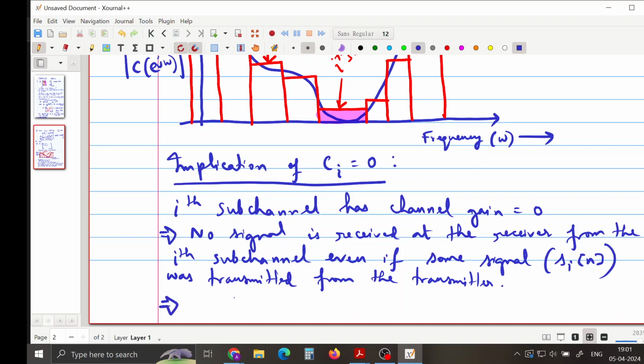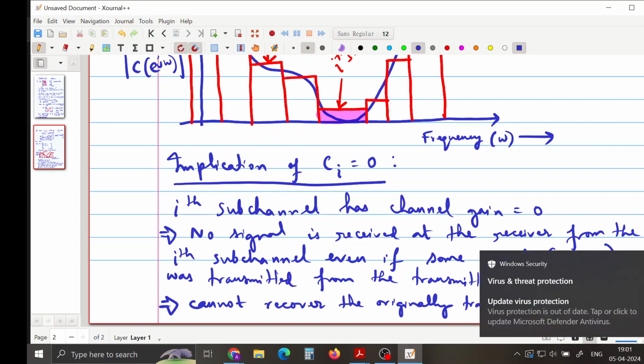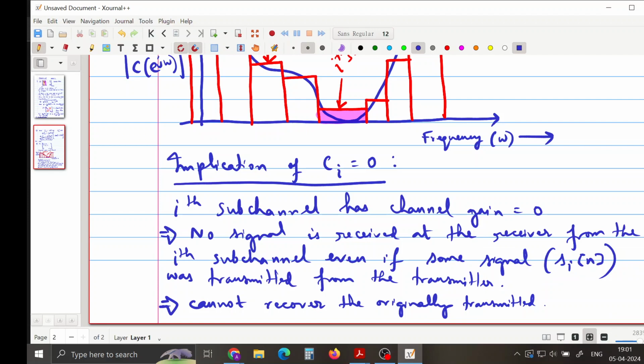We are obtaining zero signal, no signal at the receiver, so we can't map it back to some transmitted symbol, so we cannot recover the originally transmitted signal, which is si of n.